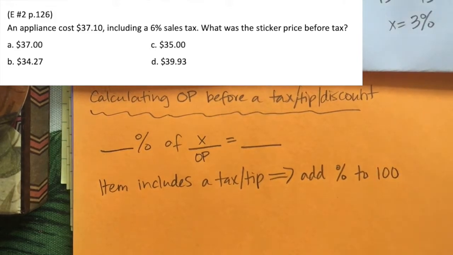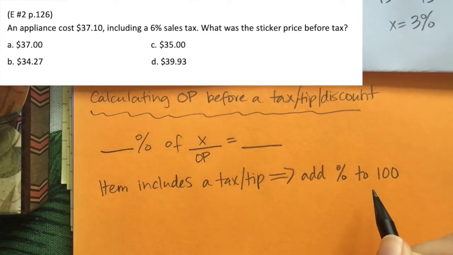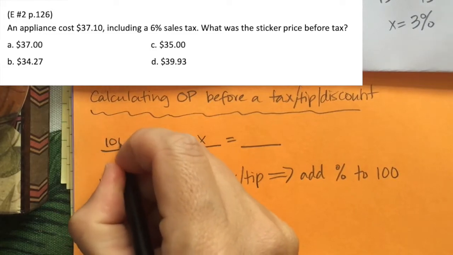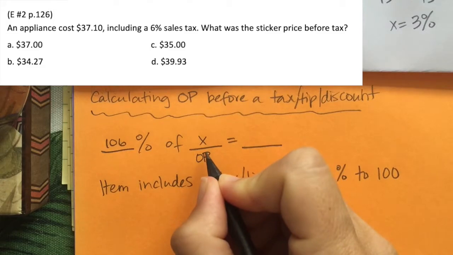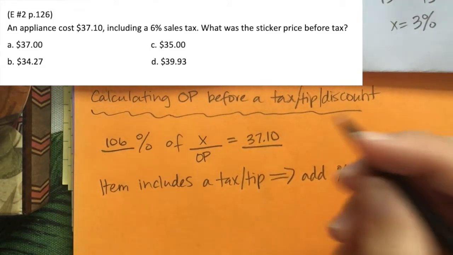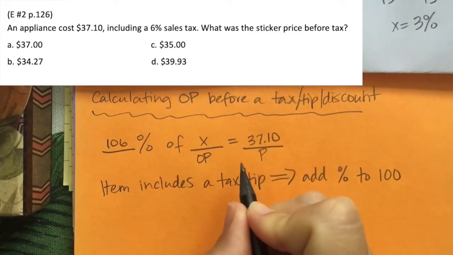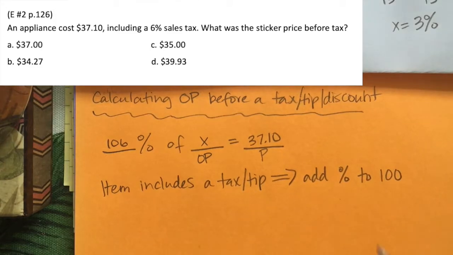So in the case of this problem, it would be 6 plus 100. 6% is the sales tax rate. It would be 106% of the original price is $37.10. In these types of problems, the part is considered to be the price with the tax.